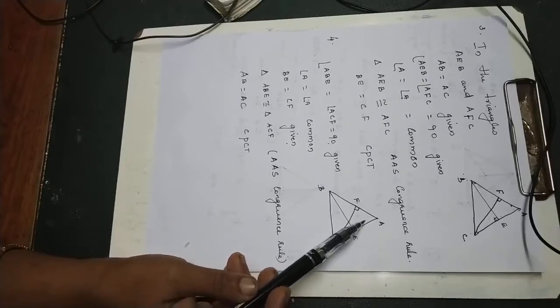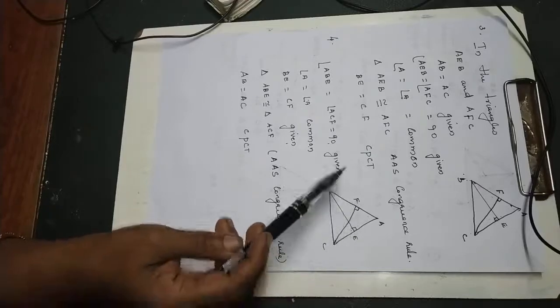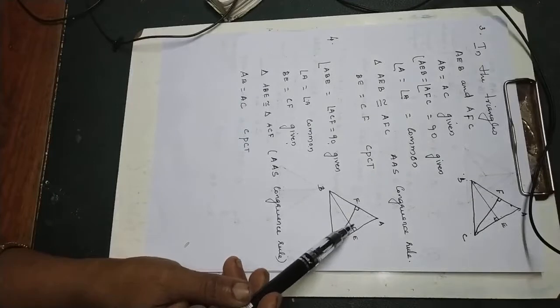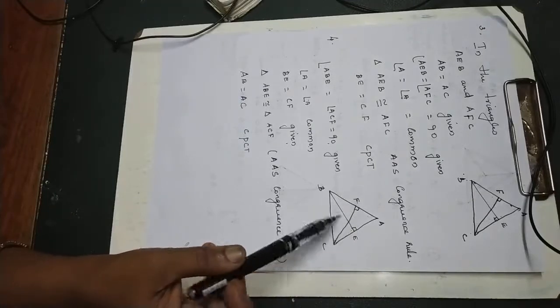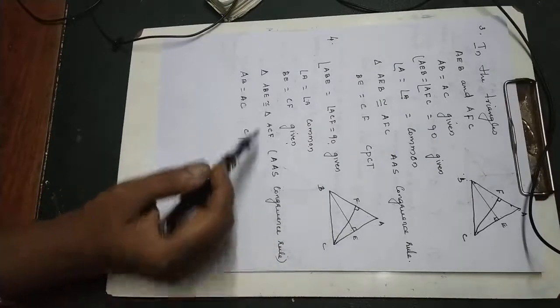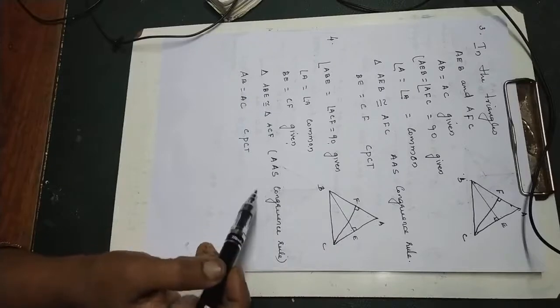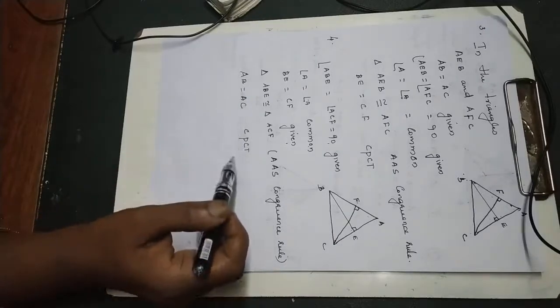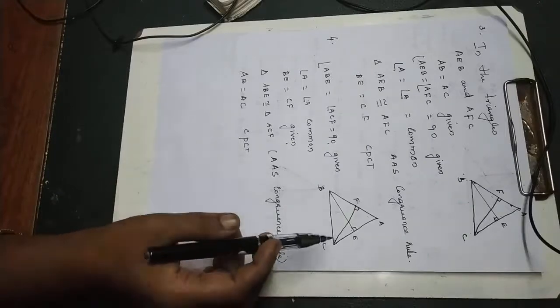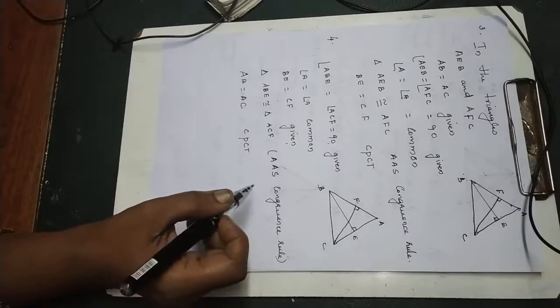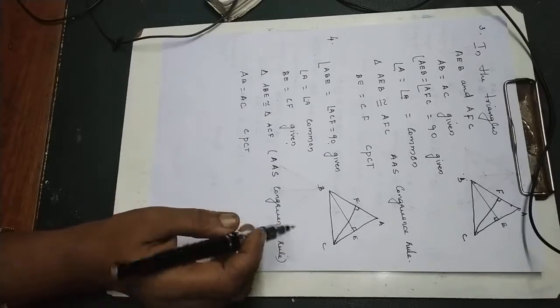Then angle AEB equal to angle AFC, that is 90 degrees, altitudes, so that is also given in the question. Now ABE will be congruent to ACF by AAS rule. So AB equal to AC by CPCT, that is corresponding parts of congruent triangles.